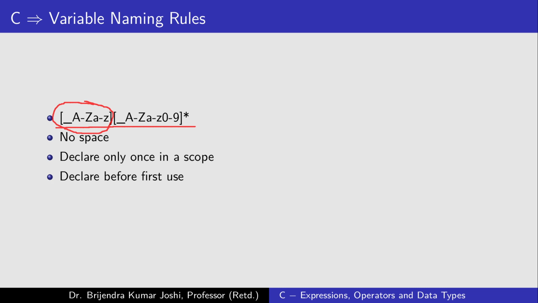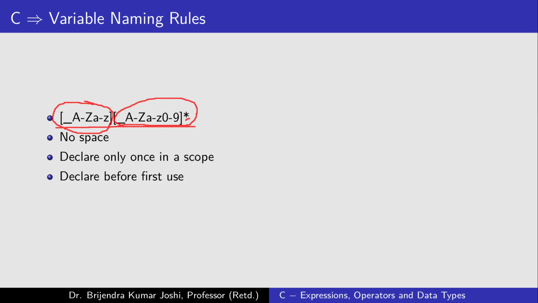So you can start a name or identifier or variable name by making use of underscore as the first letter, or capital A, capital B, or any of these 26, or any of these 26. So total 53 options are there, followed by a string of length 0 or more. This star means 0 or more occurrences of.